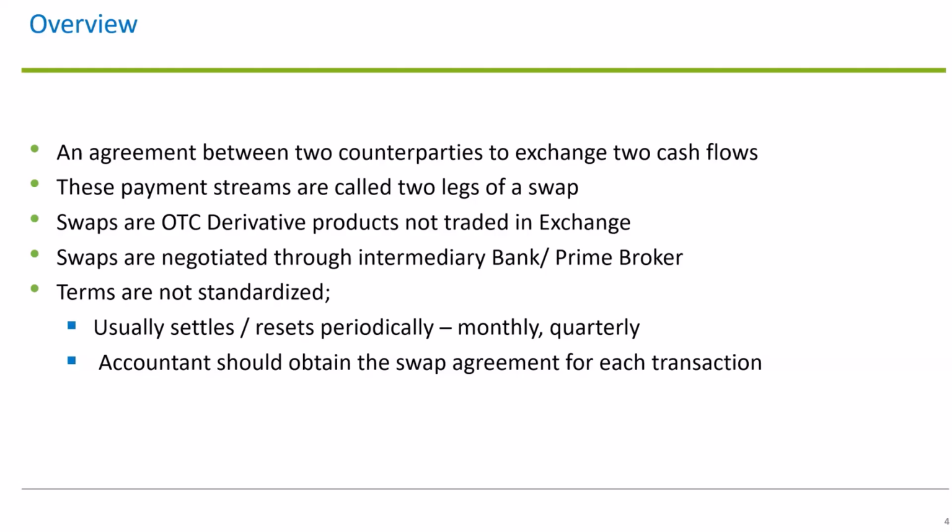Okay, so swap settles or resets periodically. With all these complexities, it is not easy to book a swap transaction without knowing the terms in detail. So as a hedge fund accountant, we must look at the swap agreement. We must look at the swap terms before even going to book a transaction, book the swap trade.